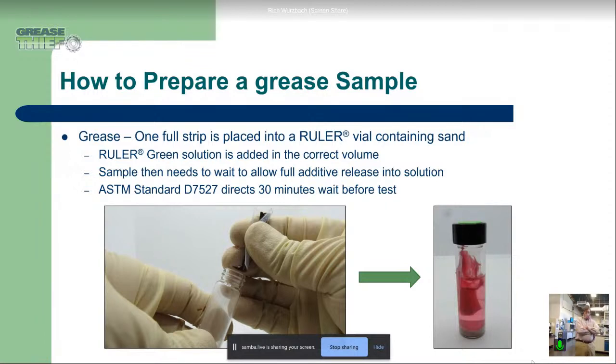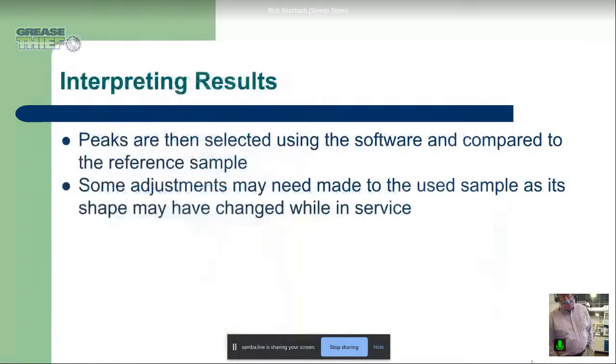That might be a pretty good assumption, but when you get into a situation where your greases are aging and changing and maybe have contaminants there, maybe that cycle of dissolution isn't quite the same as it was when the grease was new. So we like to give it that 6 hour set time to make sure we fully get those antioxidant additives into solution so we can test it with the RULER.